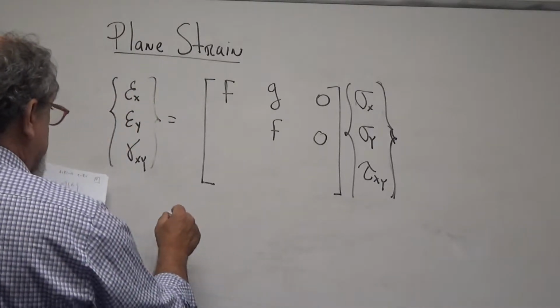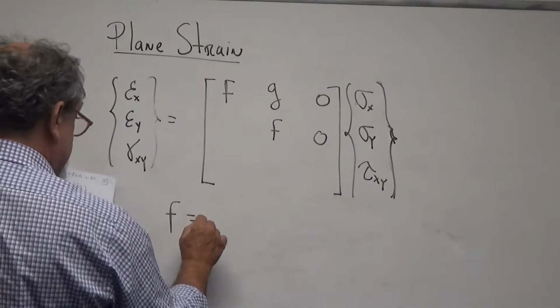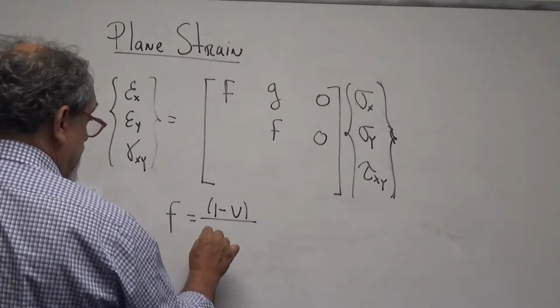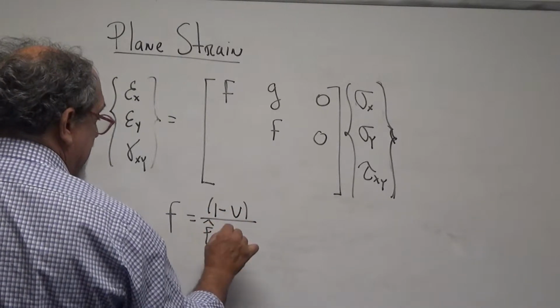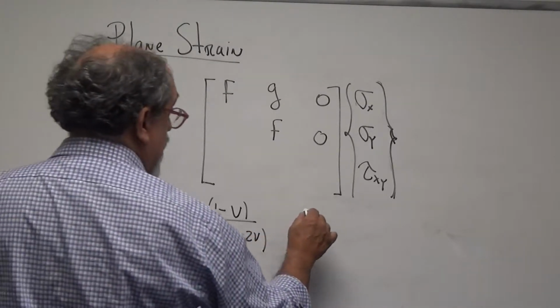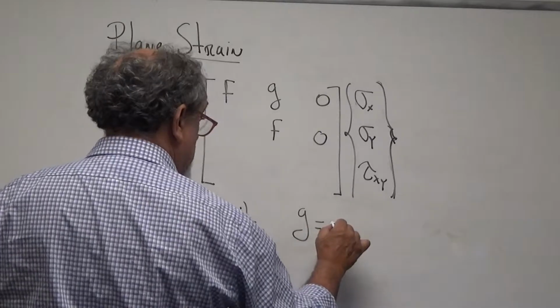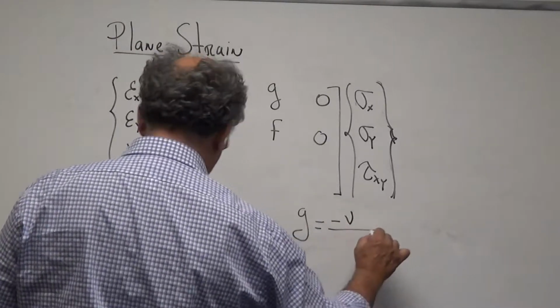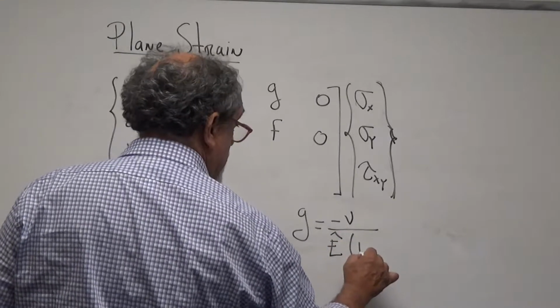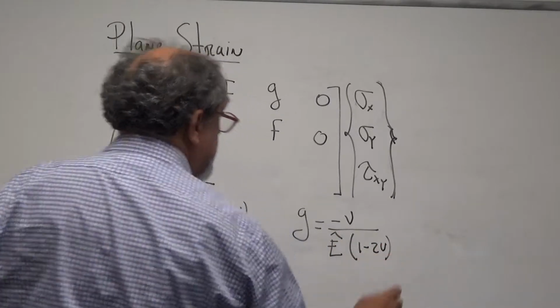And the constant F has the form 1 minus Poisson's ratio divided by E with the hat times 1 minus 2 nu, and the constant G is minus nu divided by E with the hat times 1 minus 2 nu.